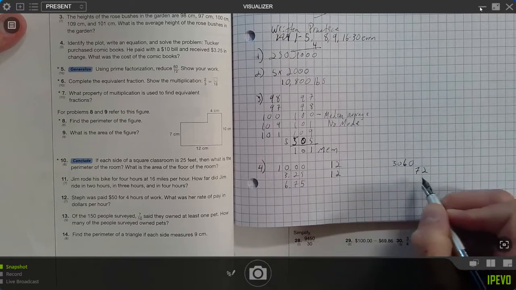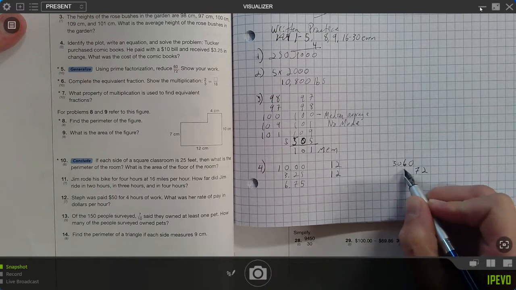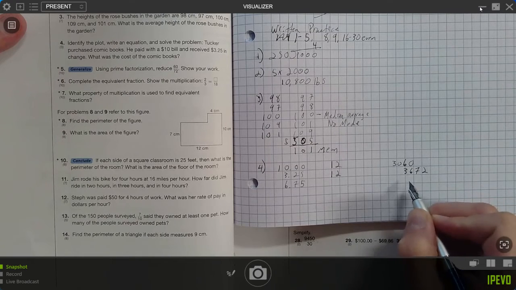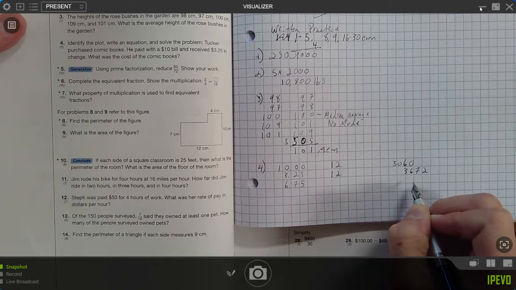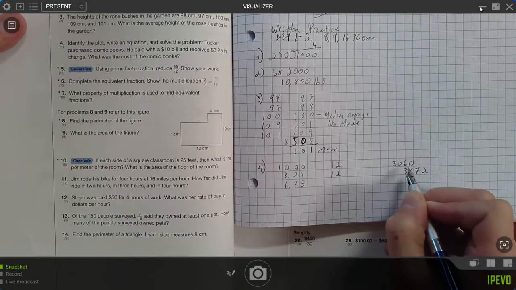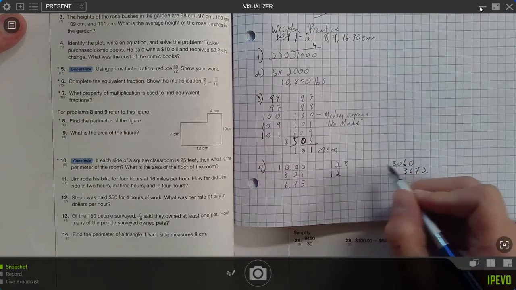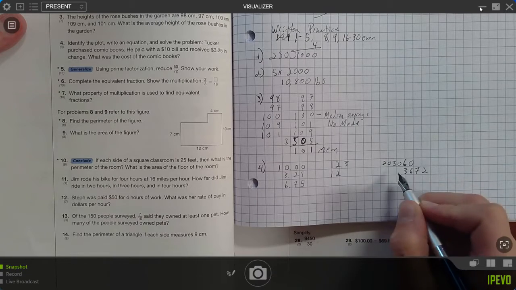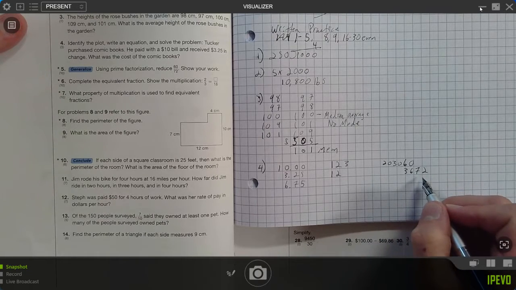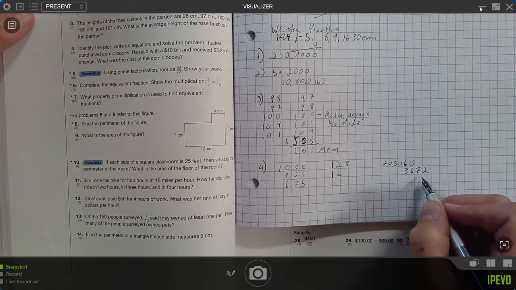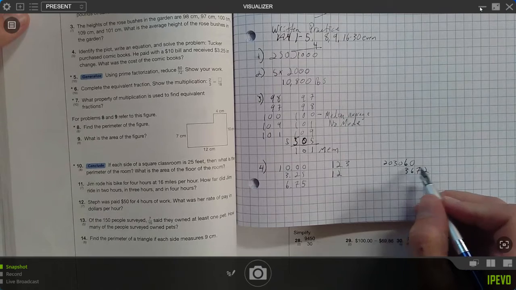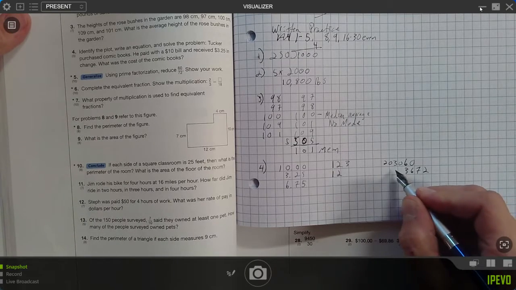Cutting it in half is 36. Going into it, it looks like 3 goes into 60 20 times. 3 goes into 72, does it? 7, 8, 9? Yeah, 24 times.